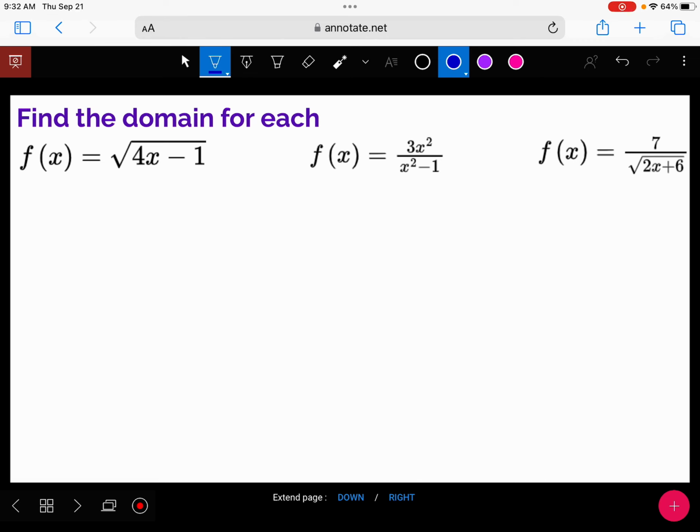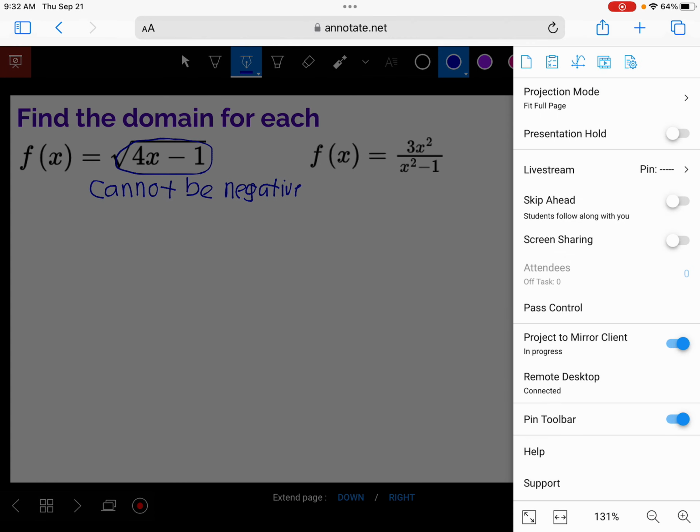Yeah, it can't be negative, right? So the bit that's under the square root, this chunk, cannot be negative. We all in agreement on that one?